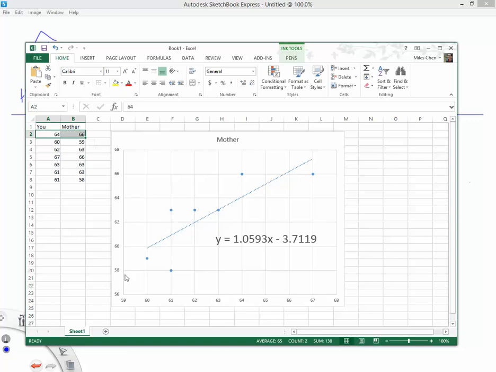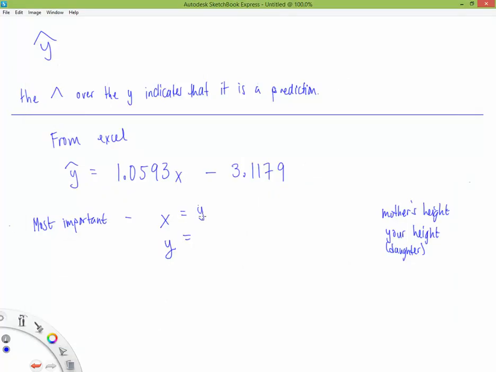So does that mean x is you or y is you? X is you, right? X is you and y is the mother. So x will be your height or the daughter's height, and y will be the mother's height.